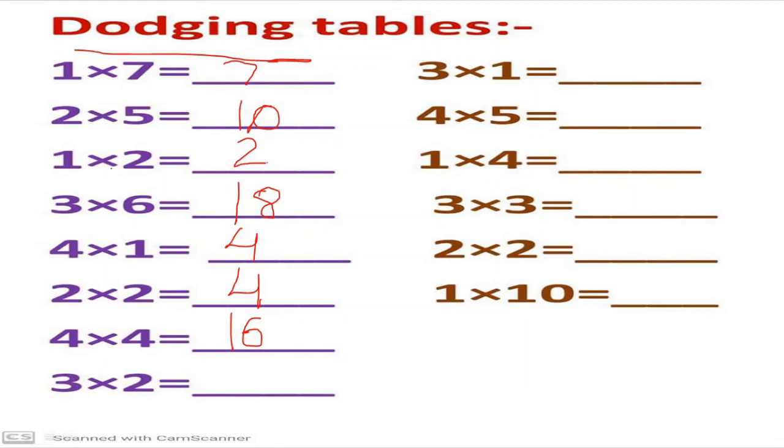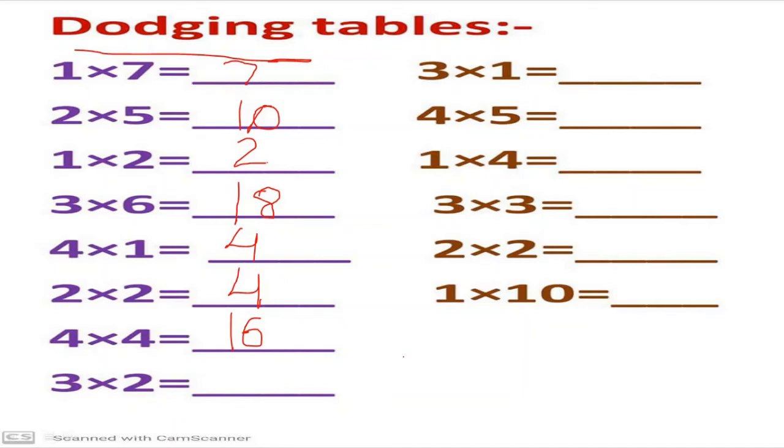So it is most necessary for all of you that first of all you memorize the tables. Then and only then can you solve the dodging table, my dear students. So give me a promise that from today onwards, you are definitely going to learn the tables each and every day, my dear students.